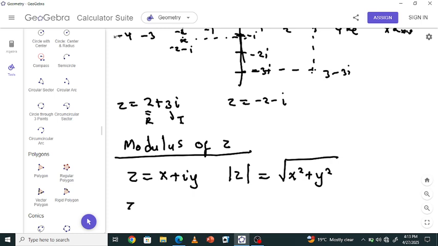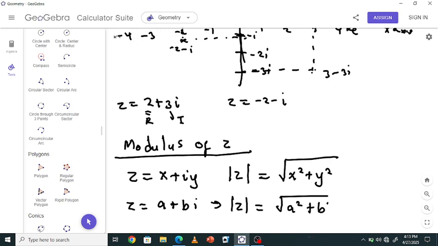Assuming that we were given that z is equal to a plus bi, then our modulus of z will be the square root of a squared plus b squared.